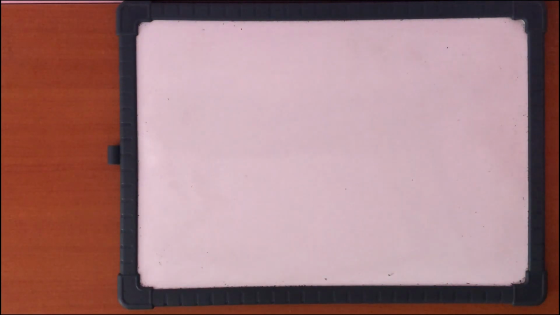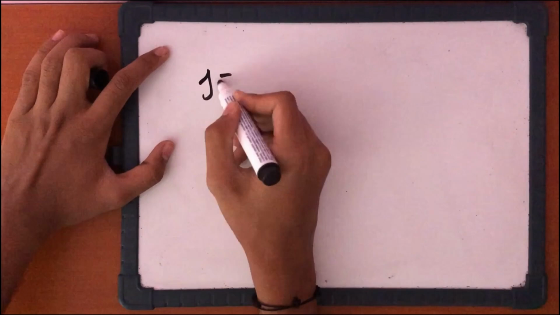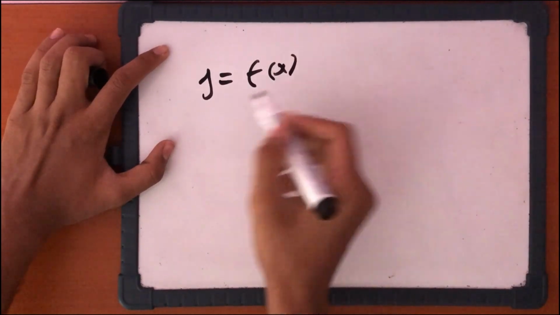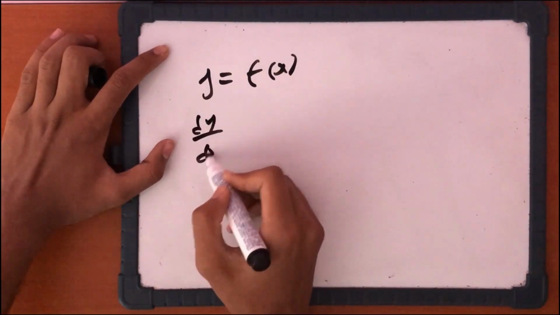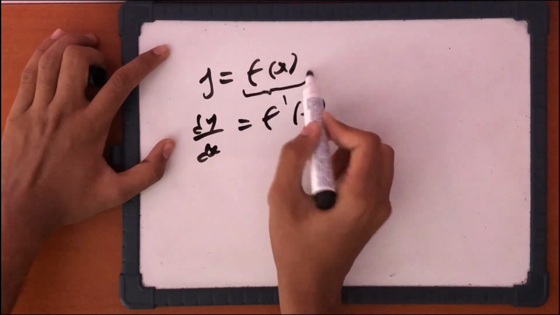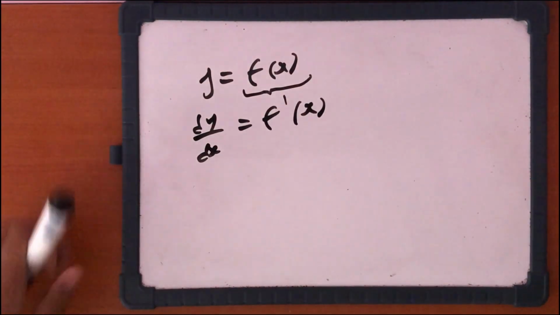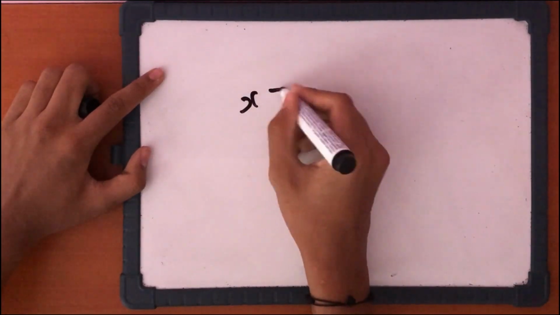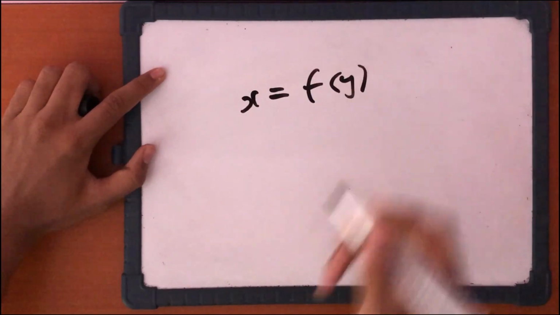Then another rule, this is again something that will be useful. When you have functions written y equals f of x, then it's easy. dy/dx is just f prime of x. You just differentiate the x terms one by one. But let's say a function is written as x is a function of y. How would you do this?